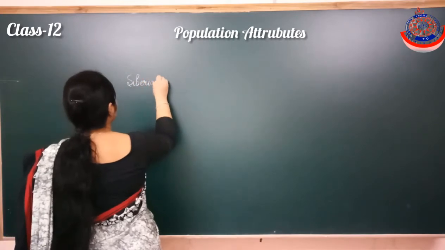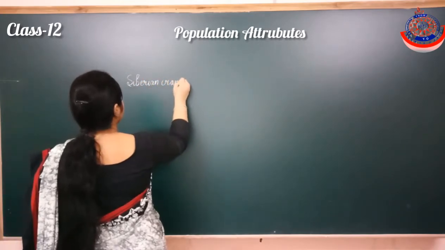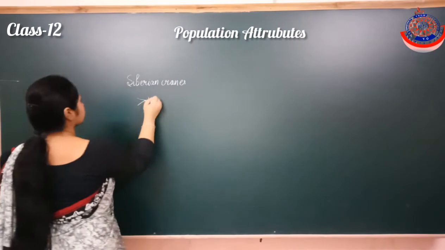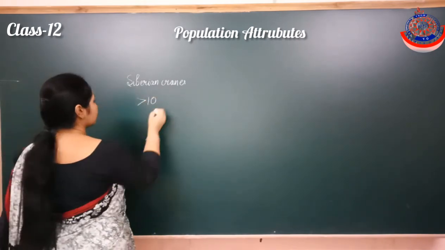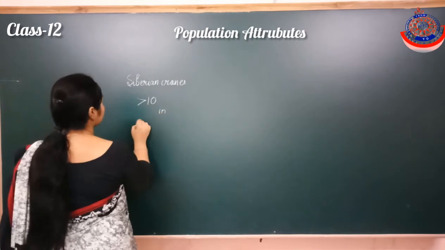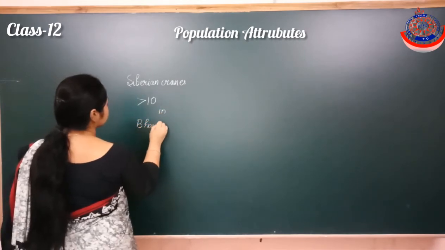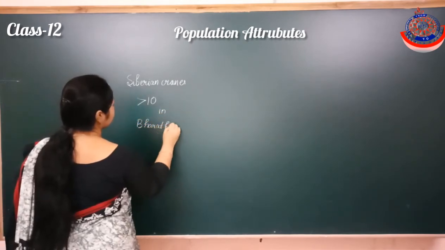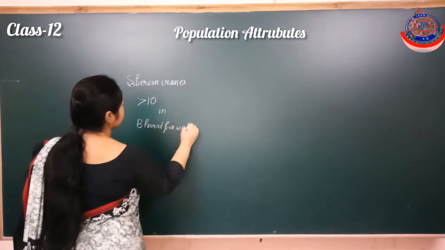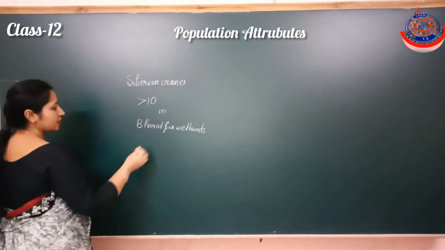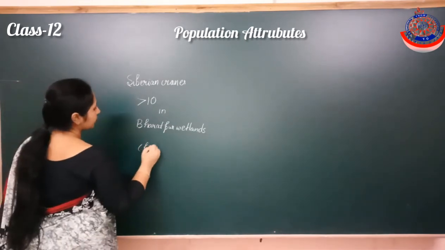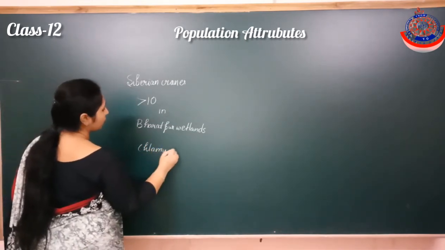Siberian cranes, the population can be less than 10 also in Bharatpur wetlands, and it can be in millions also, like in the case of Chlamydomonas.